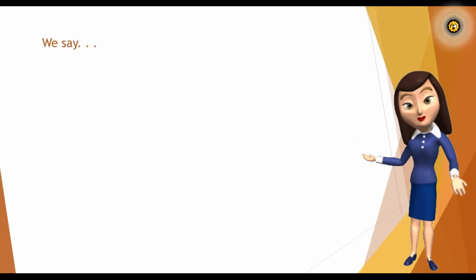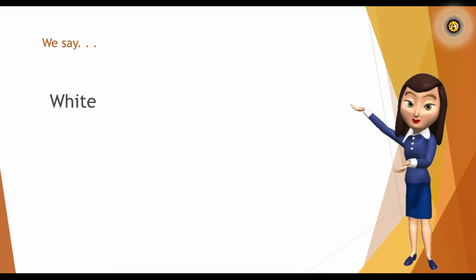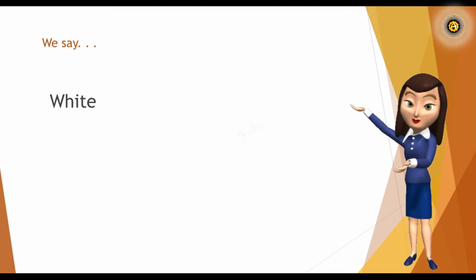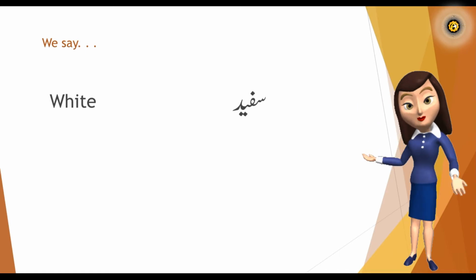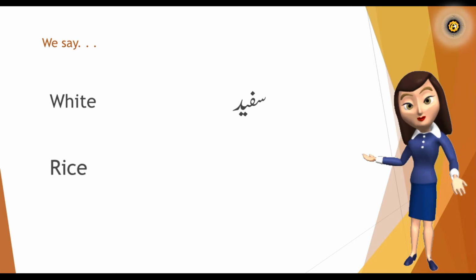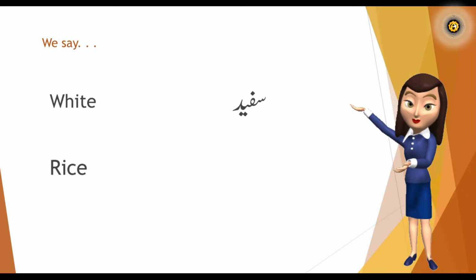Now let's learn to say the color white in Urdu. In English, we say white, and in Urdu it is safed. Then, in English, we say rice. We eat rice, right?